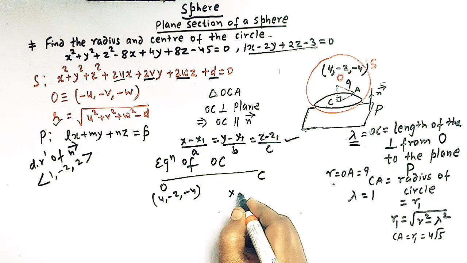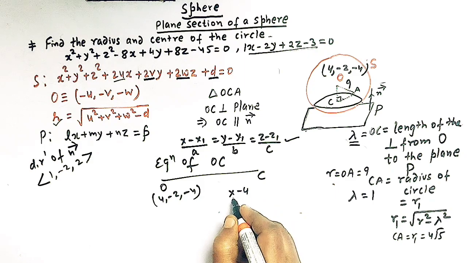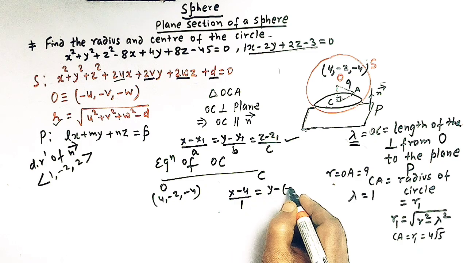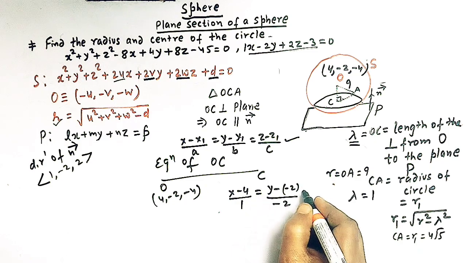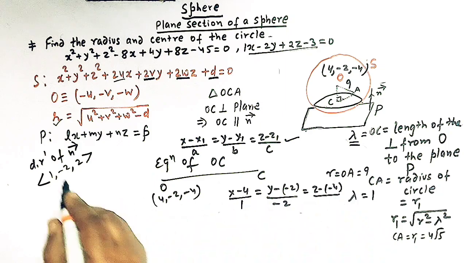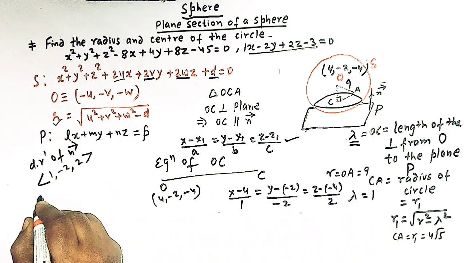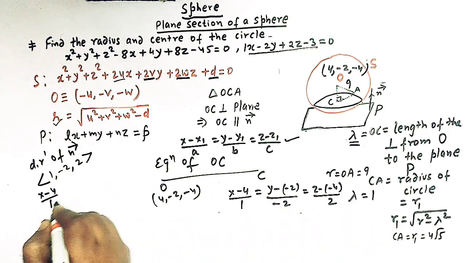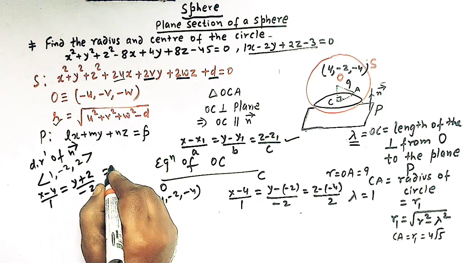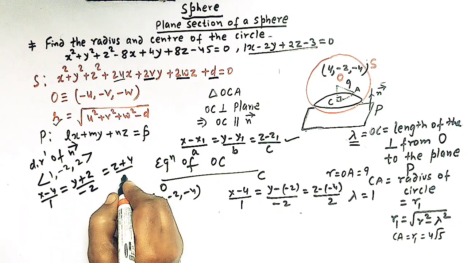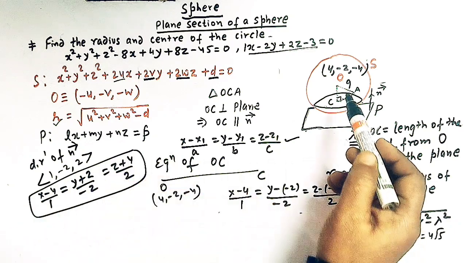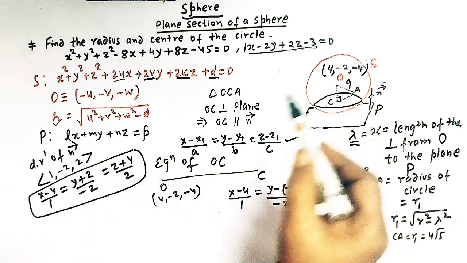So we can now write (x minus 4) over 1, then (y minus minus 2) over minus 2, and (z minus minus 4) over 2. So (x minus 4) over 1 is equal to (y plus 2) over minus 2, equal to (z plus 4) over 2, right? So this is the equation of this line OC, right?